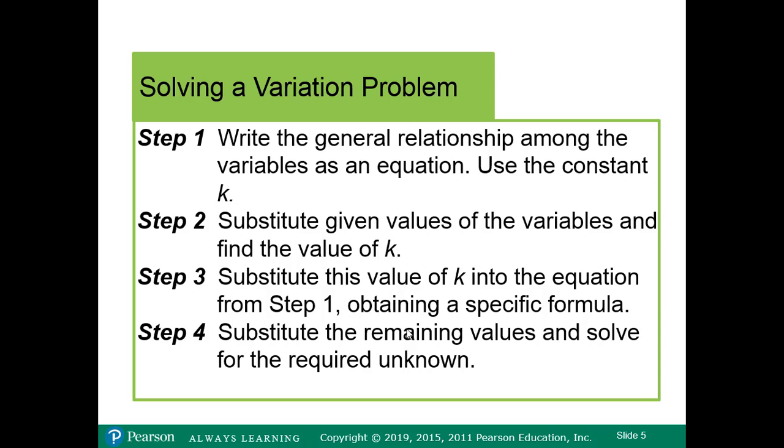Once we know the constant, it never changes, so we substitute it back into the equation from step 1 and obtain a specific formula for the given situation. Step 4, substitute the remaining values and solve for the required unknown value.